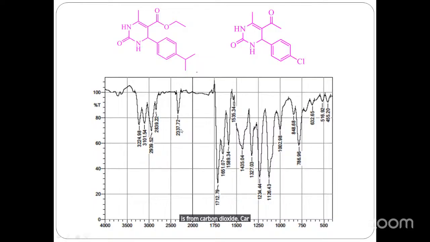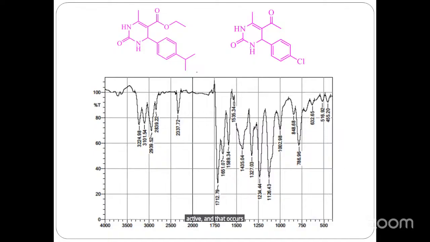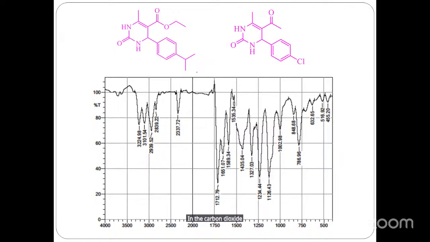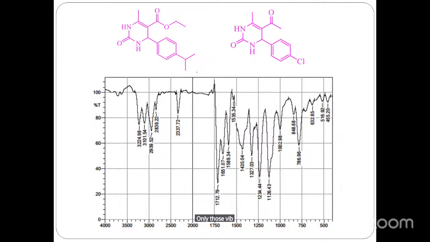Carbon dioxide shows asymmetric stretching vibration, which is IR active, and that occurs in the IR spectrum. There are two important modes of vibration in carbon dioxide: symmetric stretching and asymmetric stretching. I told you that only those vibrations are IR active which give you a dipole change.